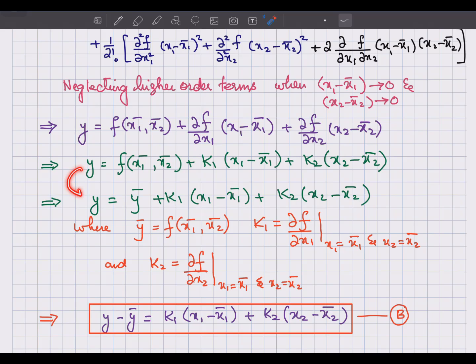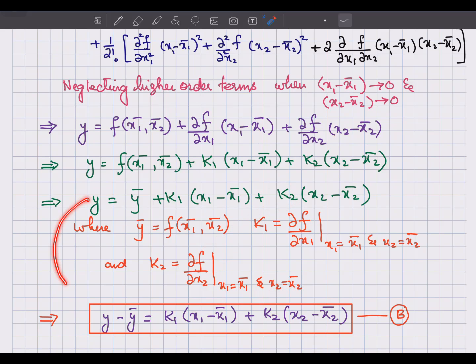Okay, so from this equation I can write it like this, and in this equation y bar is equal to f evaluated at x1 bar and x2 bar, and k1 is the derivative of the function with respect to x1 at the selected operating point, and k2 is the derivative of the function with respect to the second variable x2 at the operating conditions.